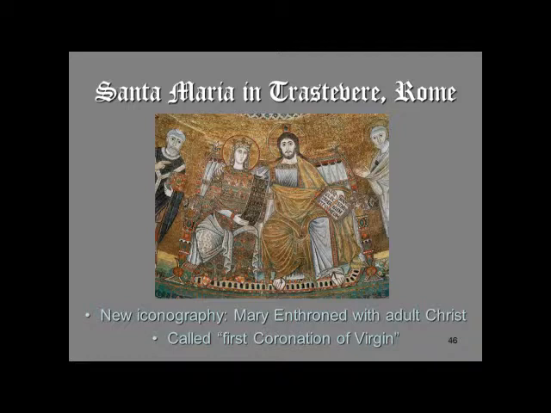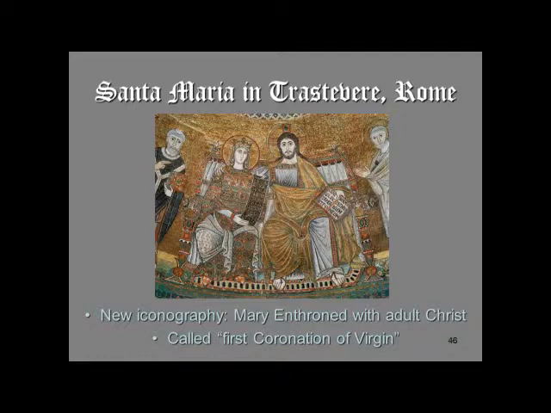And this has been called the first coronation of the Virgin. Now, it's not actually the act of crowning, which we do see in some later art, where Christ is putting a crown on Mary's head. It's as though she's already been crowned. She's already crowned and enthroned and seated on the right hand of Christ.